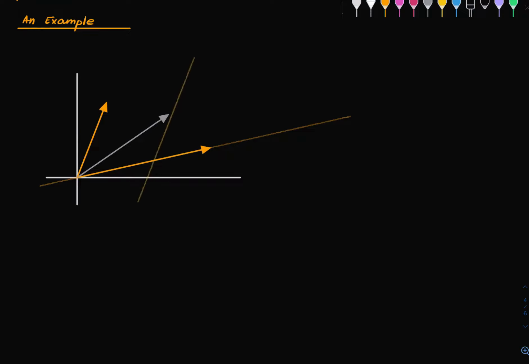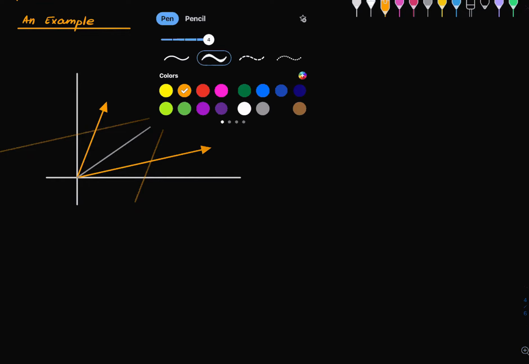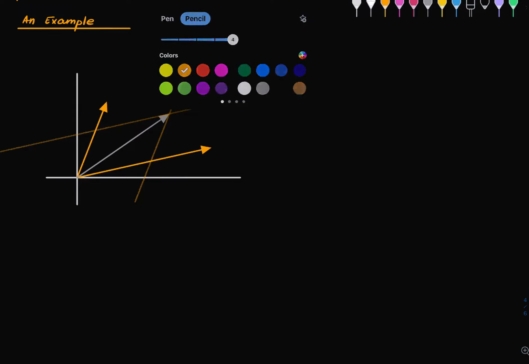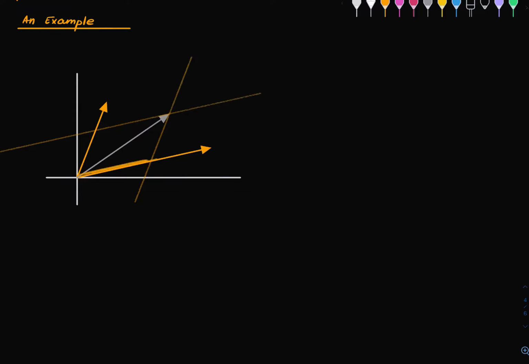So this parallel line has been drawn, and that parallel line has been drawn, and they intersect here, and there. So we have this vector, and we have that vector. And it is clear that this plus that is that.